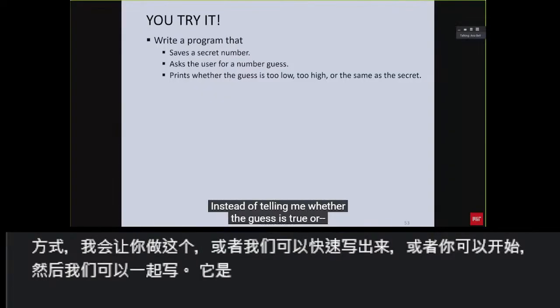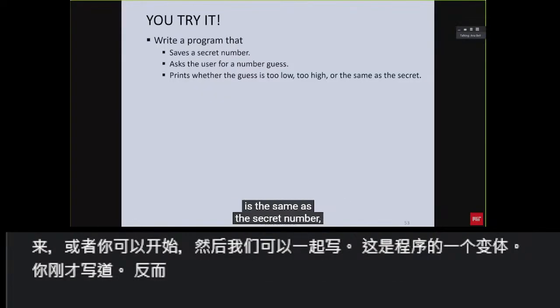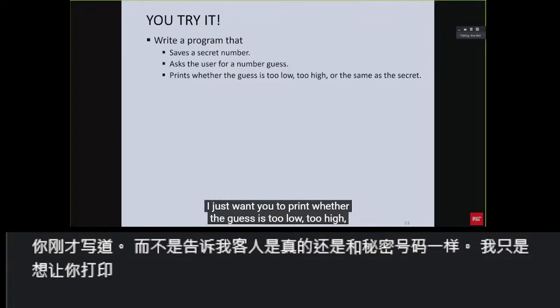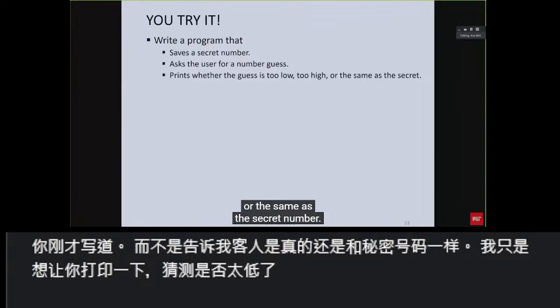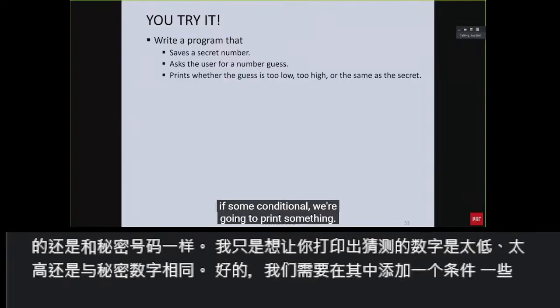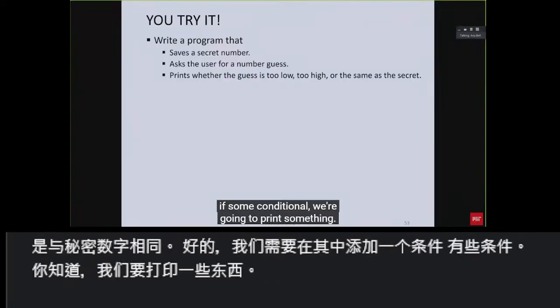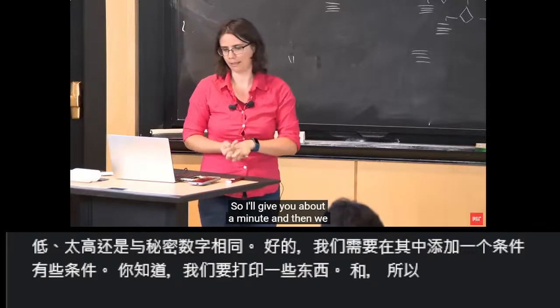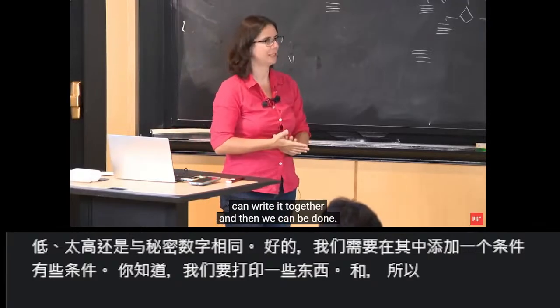Instead of telling me whether the guess is the same as the secret number, I just want you to print whether the guess is too low, too high, or the same as the secret number. Okay. So we're going to need to put a conditional in there. If some conditional, we're going to print something. So I'll give you about a minute, and then we can write it together, and then we can be done.